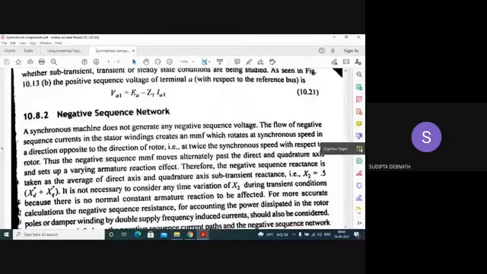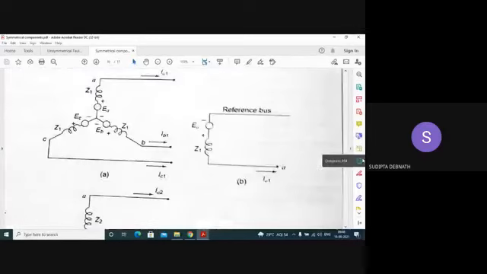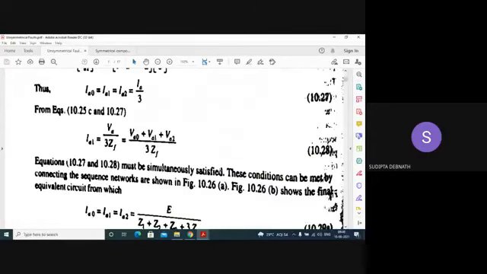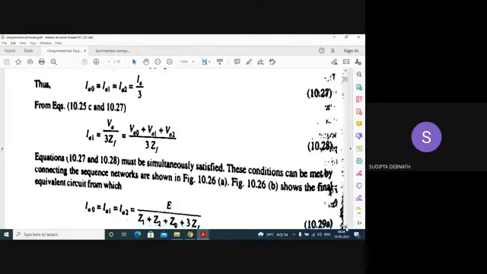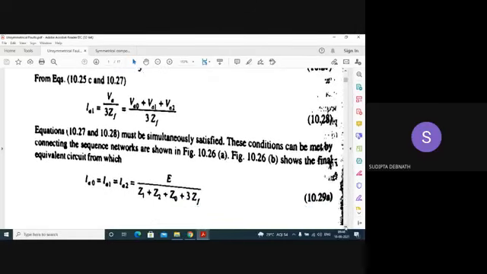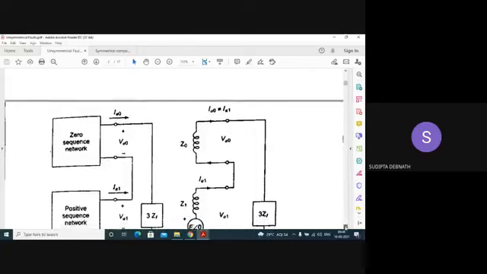There will be one source like this. So here also the source will be E. So all the sequence components being equal, this will be Z1 plus Z2 plus Z0 plus thrice ZF. This will be clear from the sequence network.